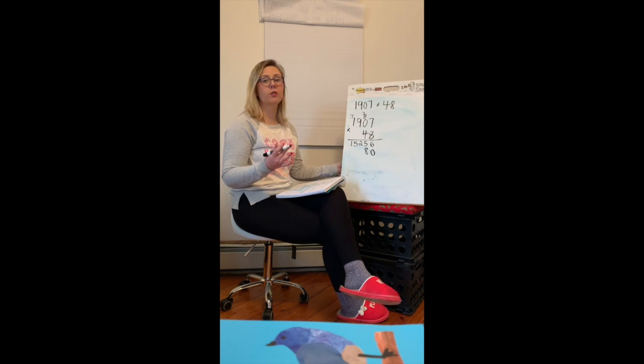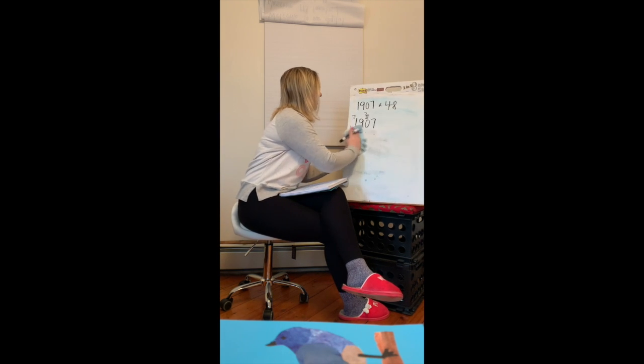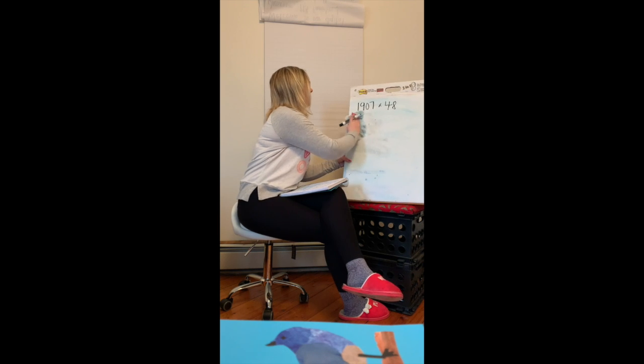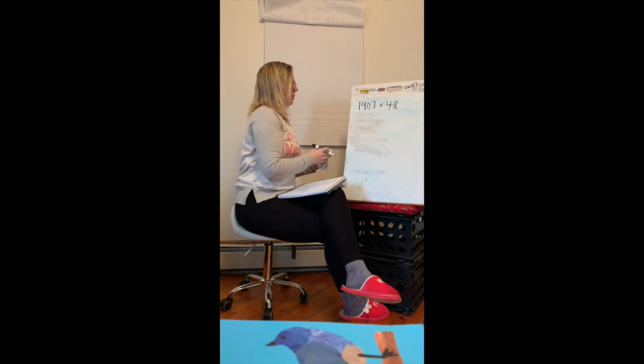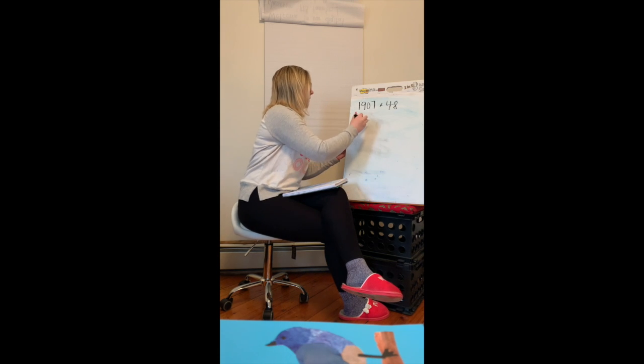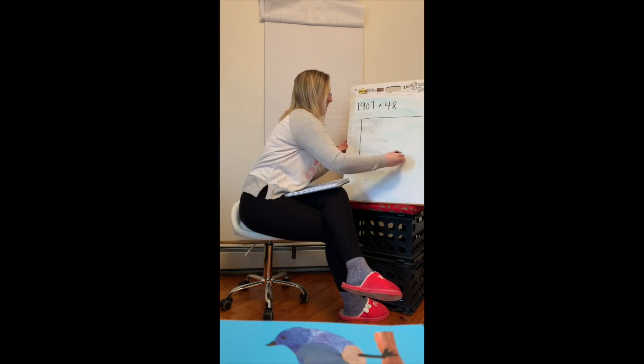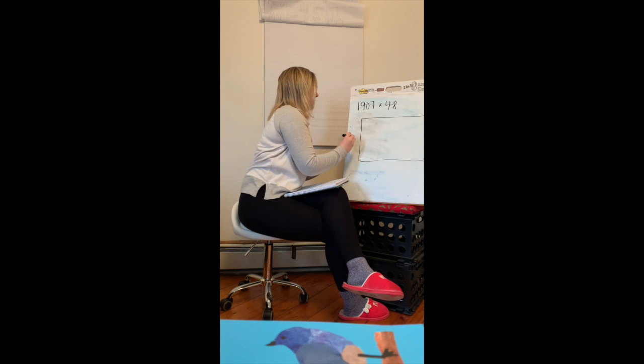I will also show you the box method, so bear with me while I erase. If you want to do the box method, it's a little bit easier for smaller numbers, but you can do it. You can draw yourself a box.